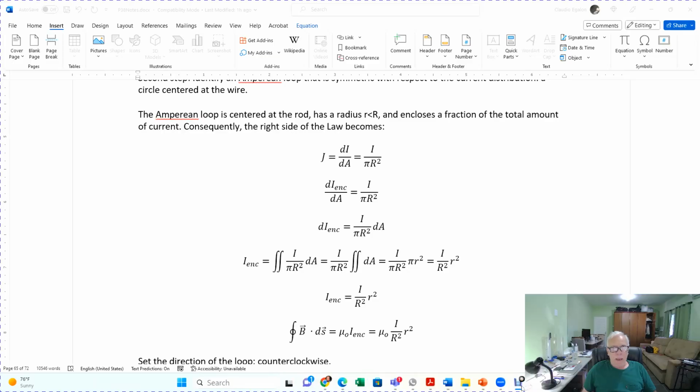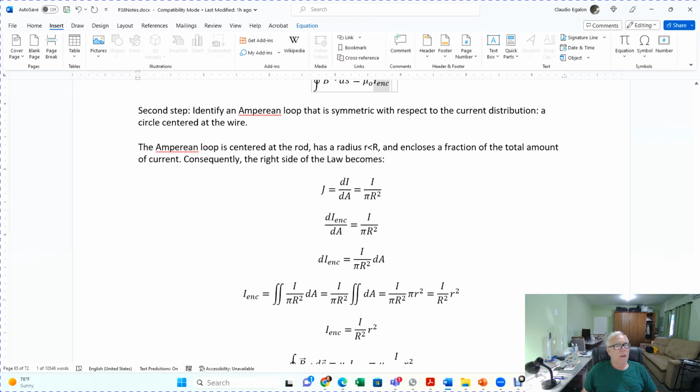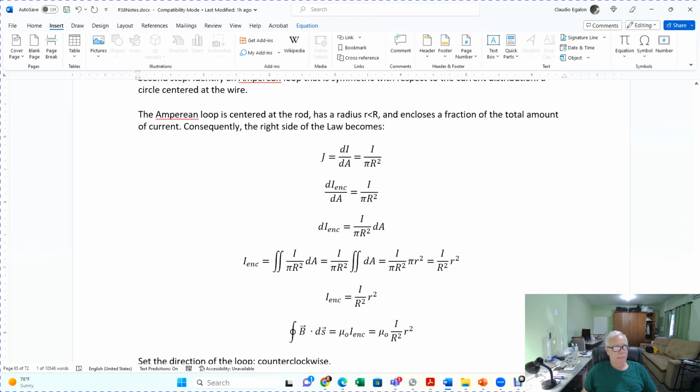So that's my enclosed current that I'm going to replace right in here.